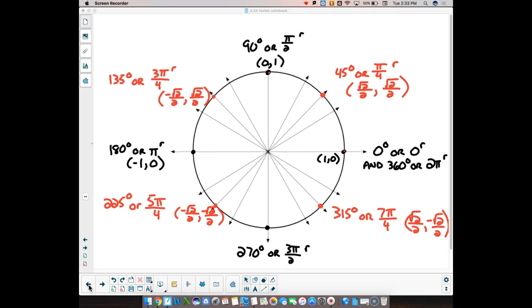So I reset it. Now we've got a couple more to do. We got halfway there. So let's look now at this point right there. How many degrees did I go up? It is not half of half of half, because then these two parts are not equal.